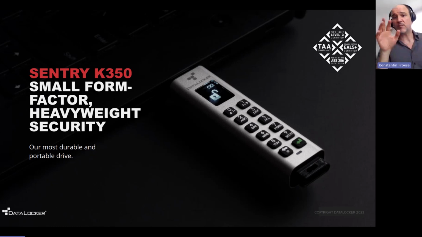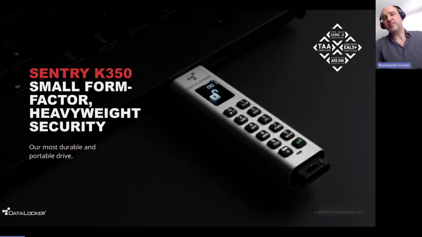We are TAA compliant, which means all of our components, all of our software programming, every step of the production process is done in trustworthy countries. And one of those is definitely not China, we have to say. That is important.